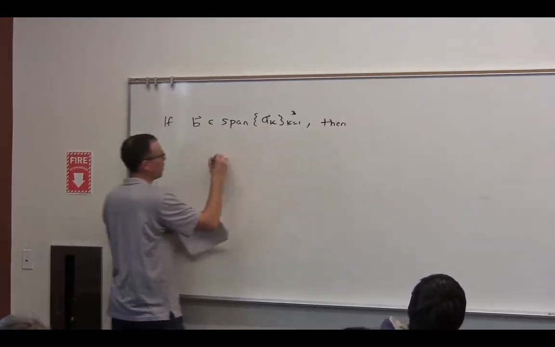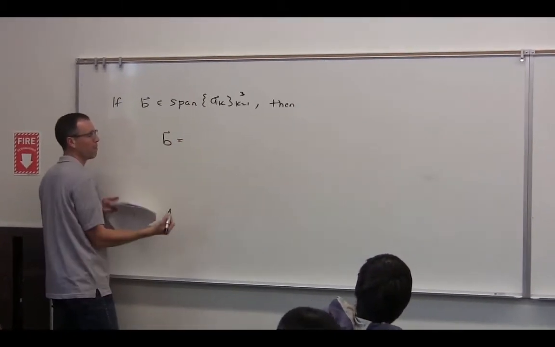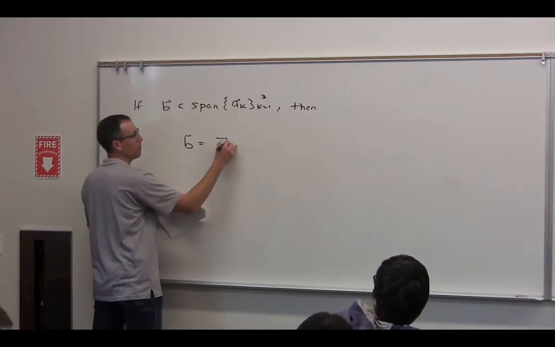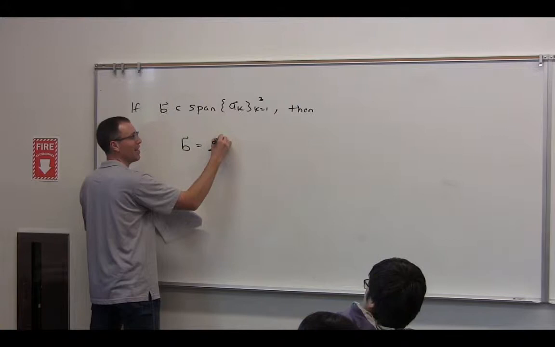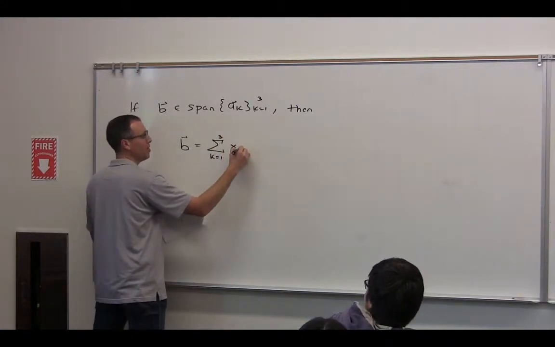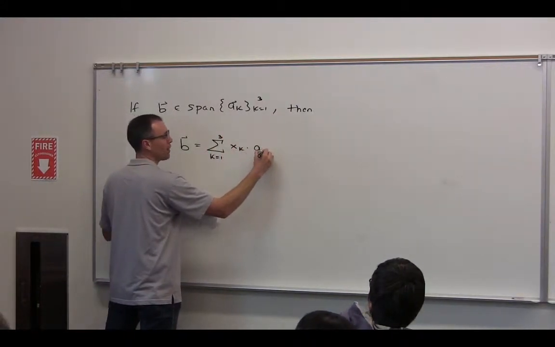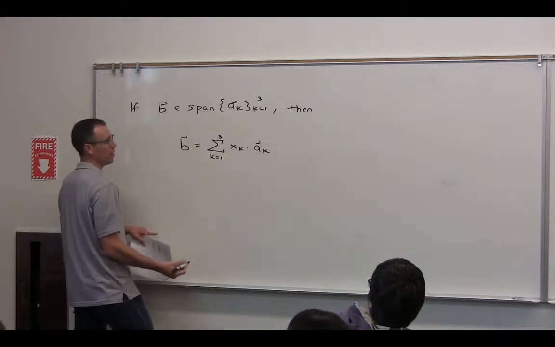Then, what do we immediately know about B? B should be able to be written as a linear combination of these vectors. We'll go ahead and introduce summation notation.